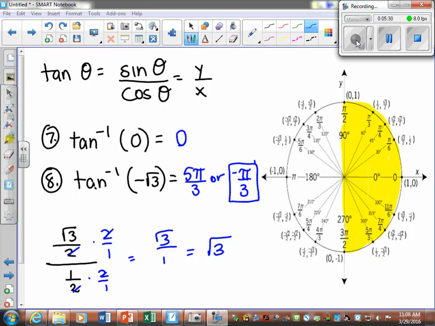So you can see that the tangent is a little bit more work because we actually have to do some calculations. I'm going to go ahead and give you the tangent table in a simplified format so that you can look at it, and it'll make these solutions a little bit quicker for you. But this is how you'll actually calculate them if you didn't have this table.